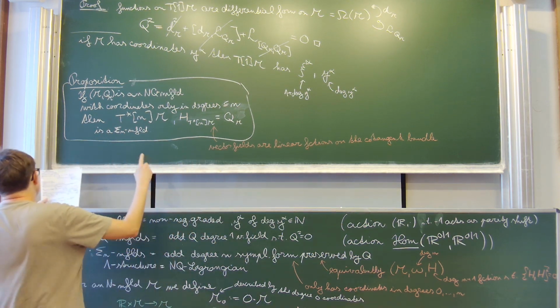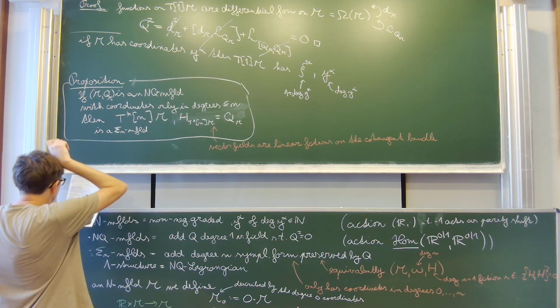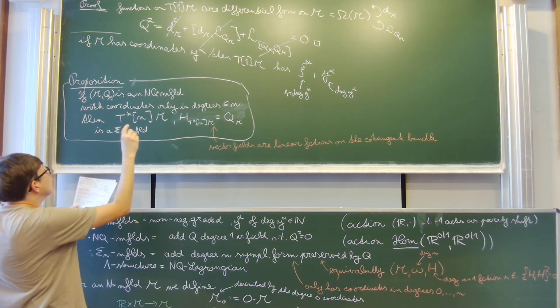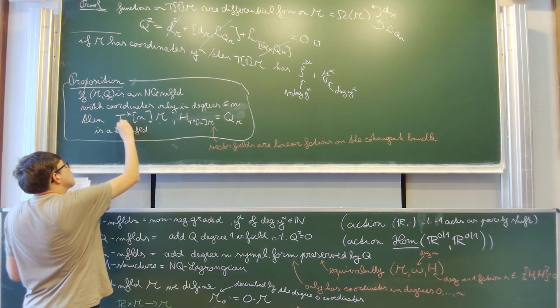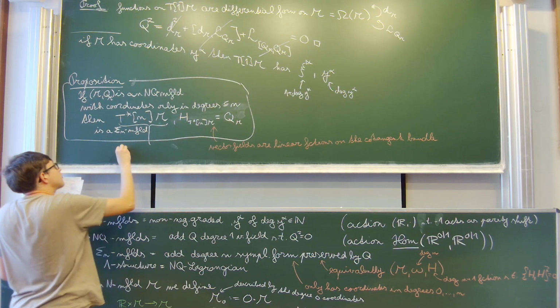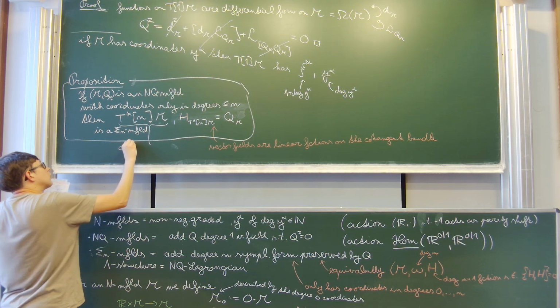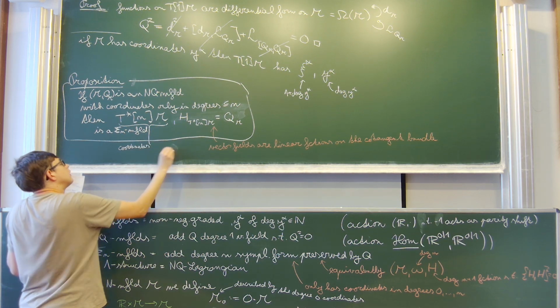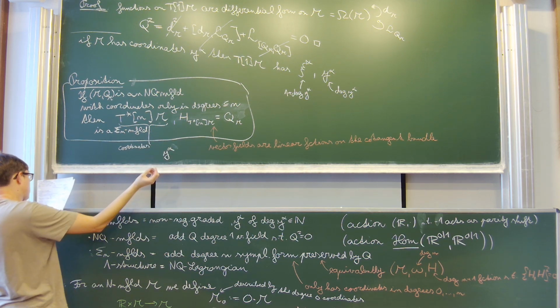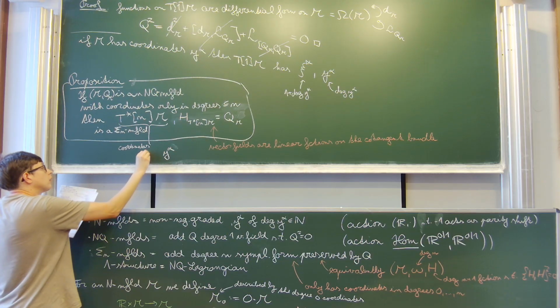So what is happening here is that we take, let's say, as before, this thing had coordinates y. Then this whole beast will have coordinates y alpha, and now some complementary ones, which let's call pi alpha.